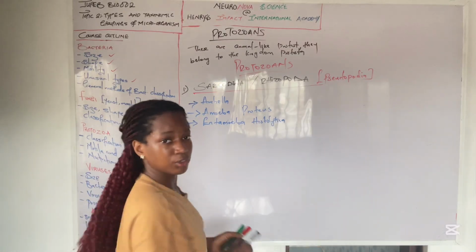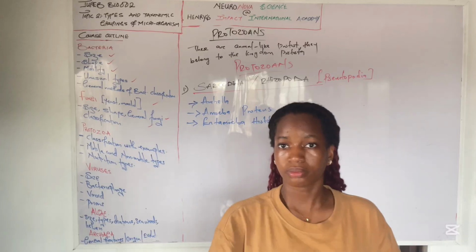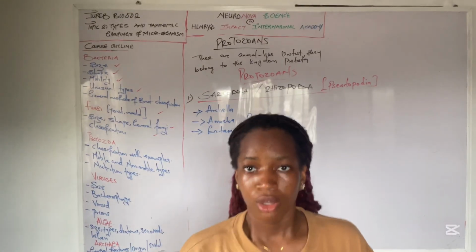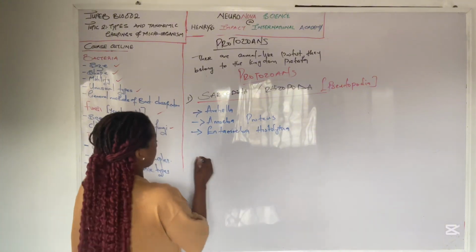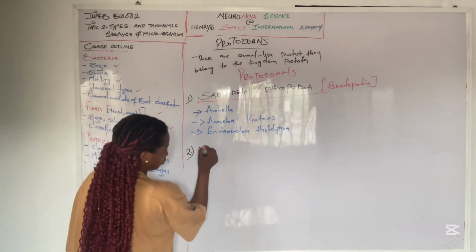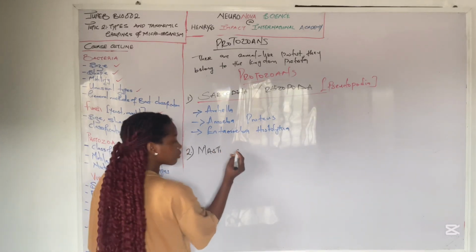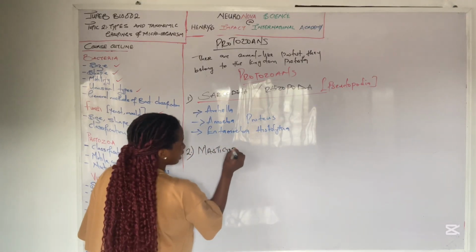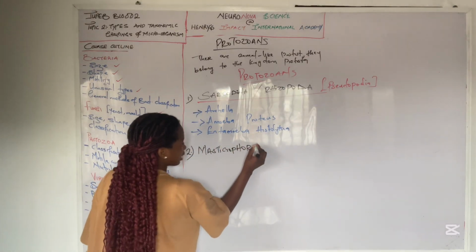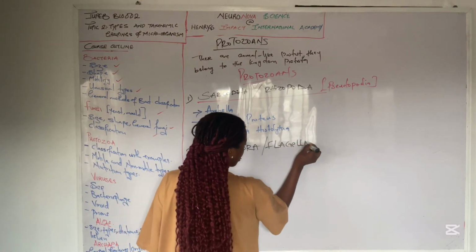Now you also have another classification of protozoans, which is the Mastigophora. This Mastigophora is also called flagellates. From the name, you know that it moves via the aid of flagella, and that is why they are referred to as flagellates.